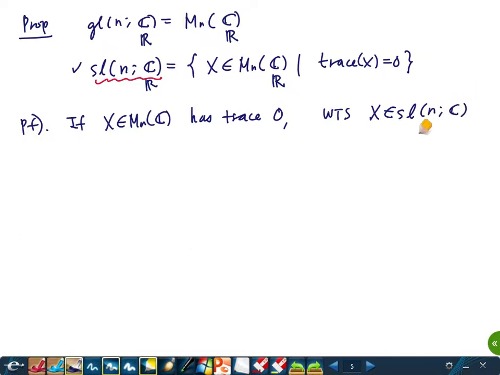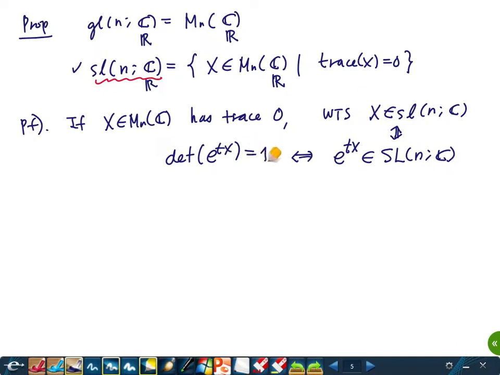But what does this mean? By definition of the Lie algebra, this means e to the tX is in SL(n, C). But this means what? Determinant is 1. So we want to know this. But is this true? If you remember, we have a theorem like this.